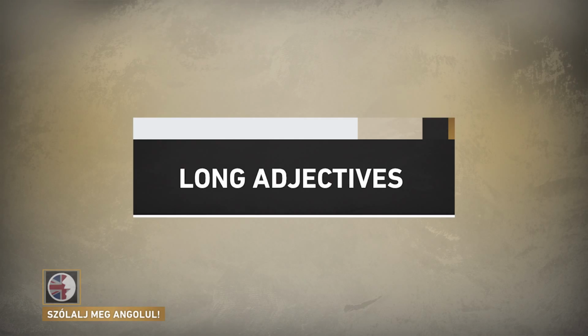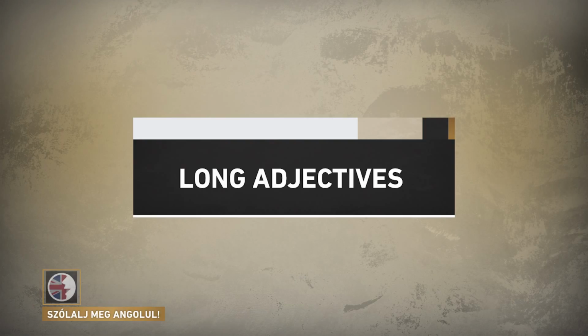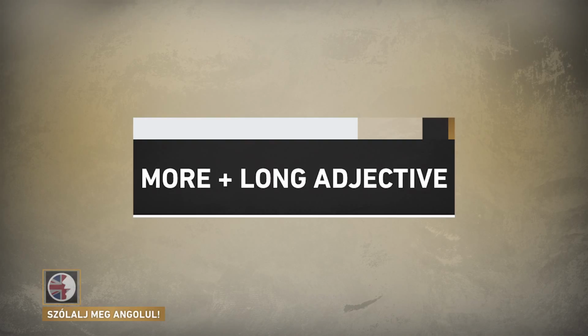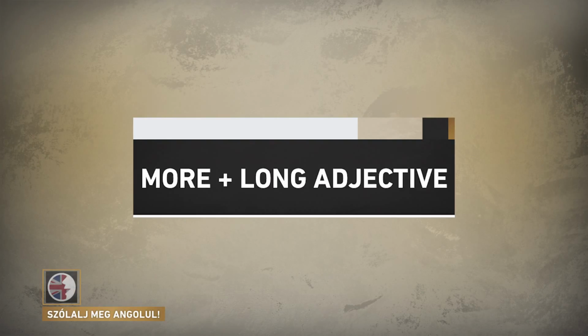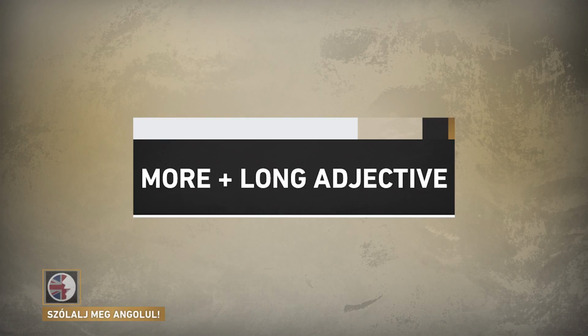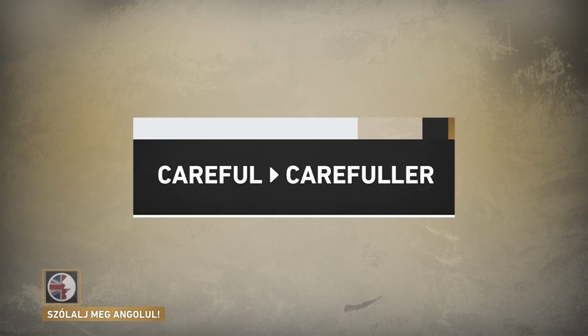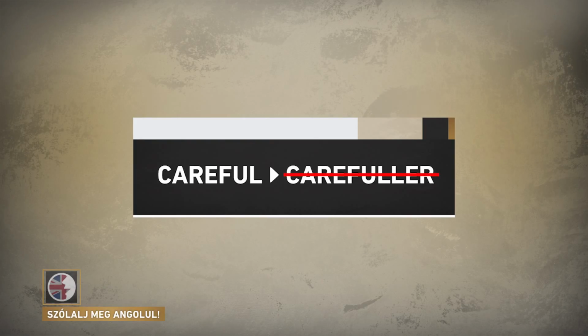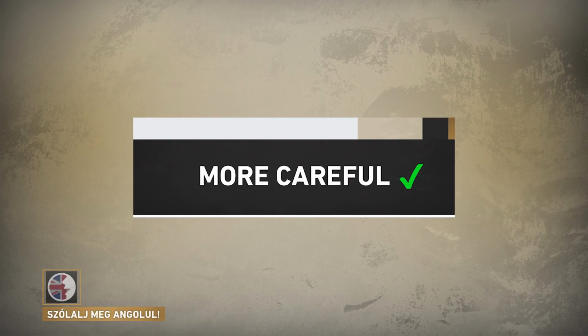Good. Now what about longer adjectives? Well, if the adjective has 2 or 3 or 4 syllables, then we don't change the adjective. We put more in front of it. So, if we have a long adjective like careful, for example, the comparative form is not carefuler, but more careful.